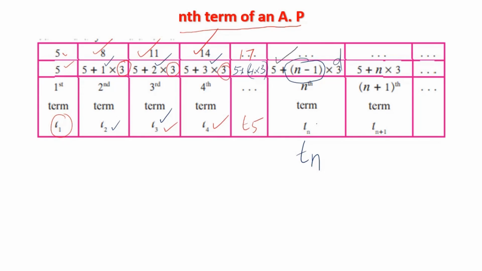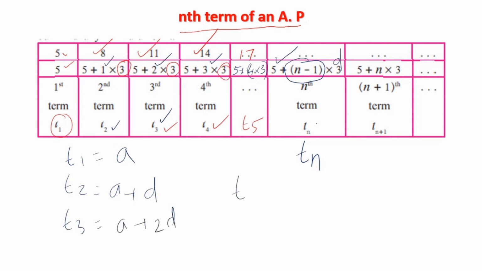So, as I already told, term 1 is denoted as A, the first alphabet of the English language. Then in order to get term 2, we simply added A plus D. For term 3, we added A plus 2D.